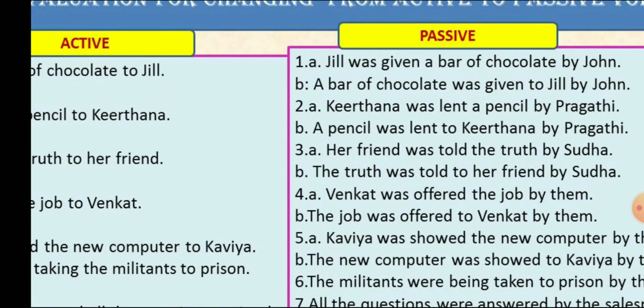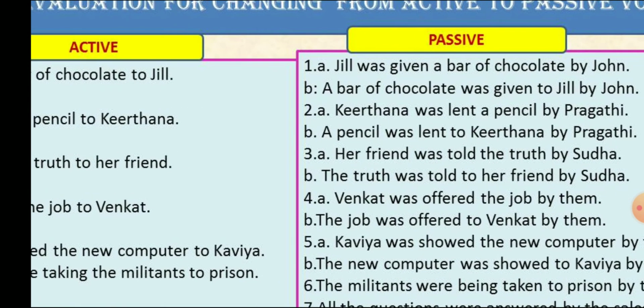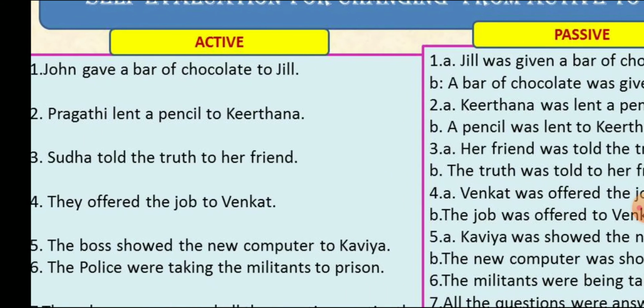Jill was given a bar of chocolate by John. Likewise, a bar of chocolate was given to Jill by John. In the first form I have taken Jill as subject. And in another way, an alternative way, a bar of chocolate was given to Jill by John.